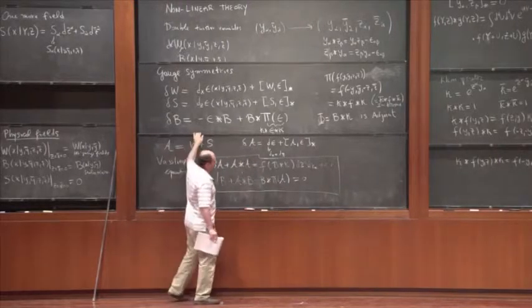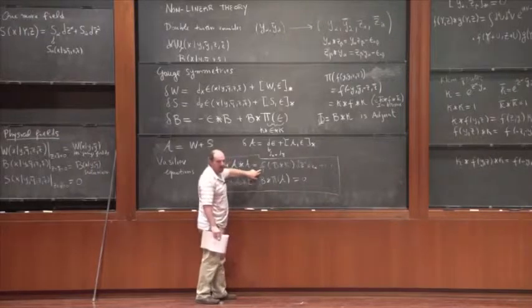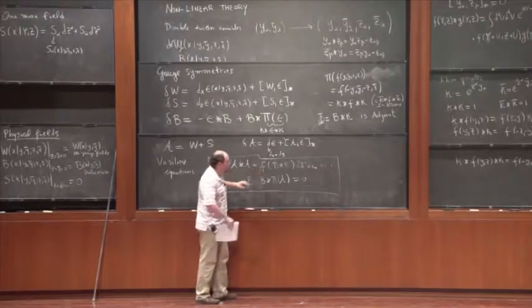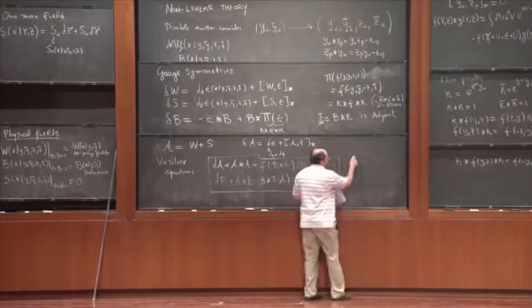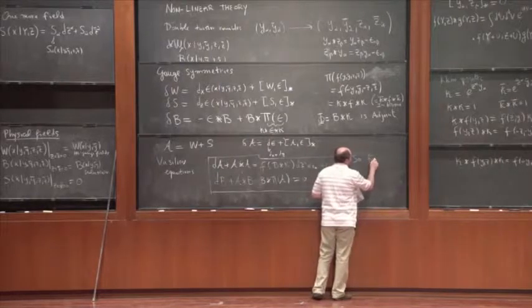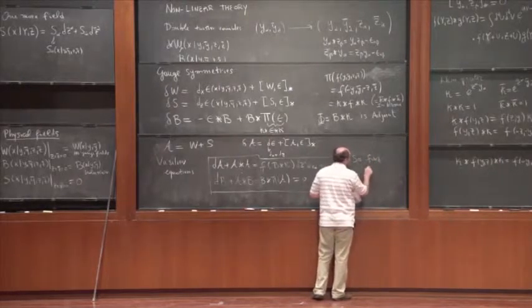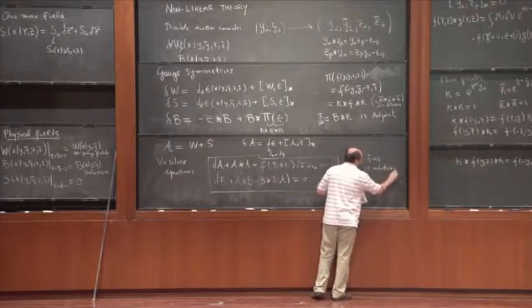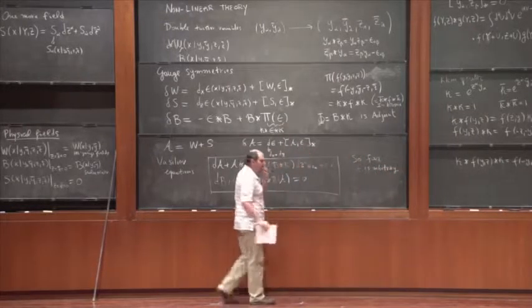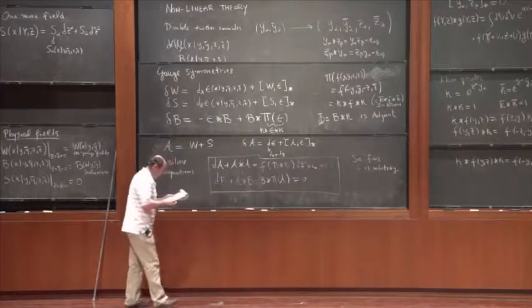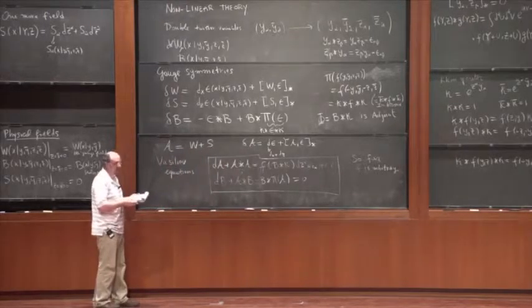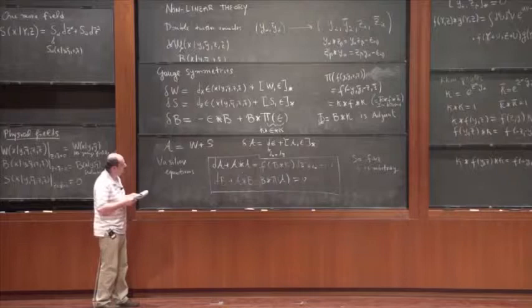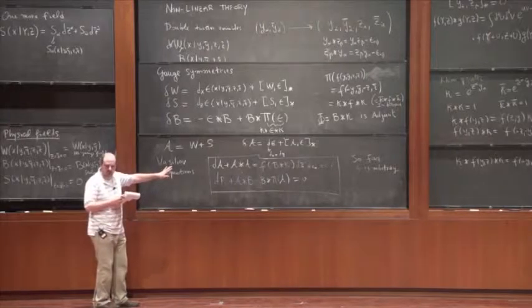Okay. So far, f is arbitrary. The system is consistent for any function. Any questions about these equations?